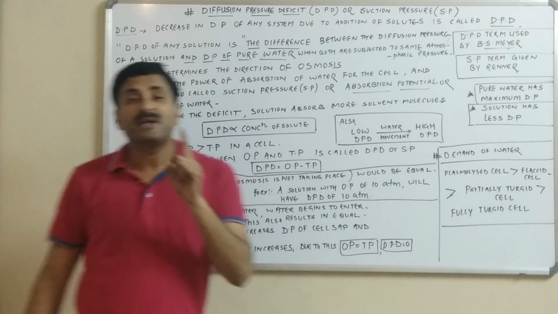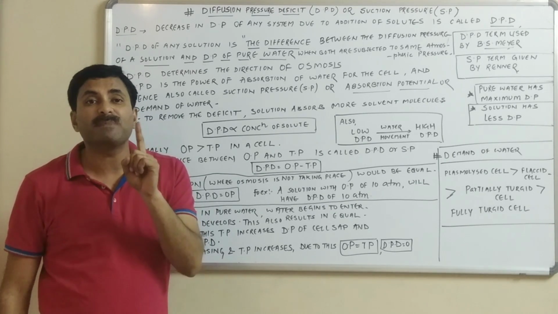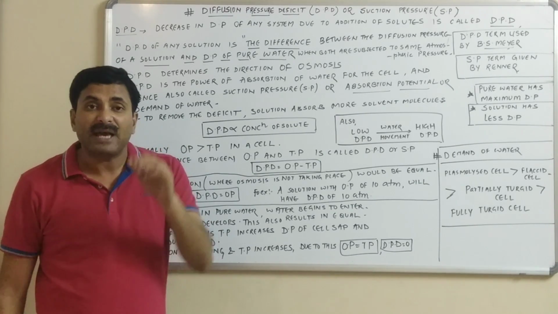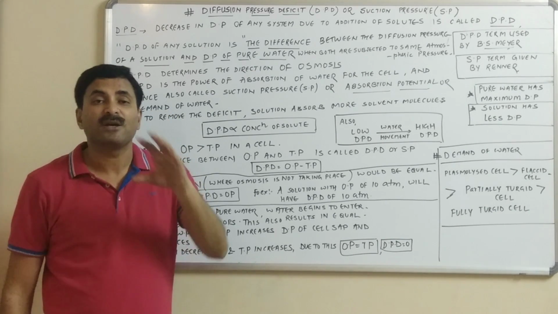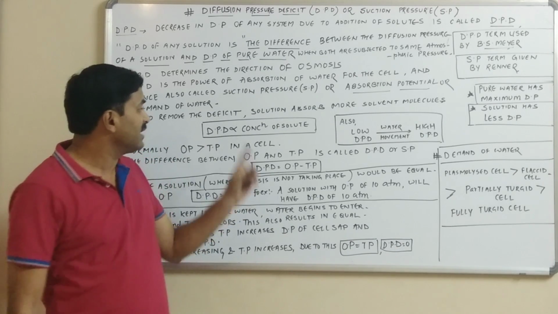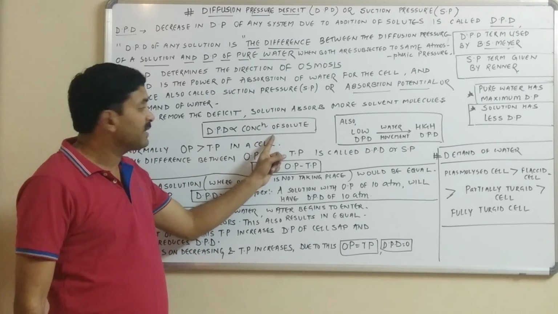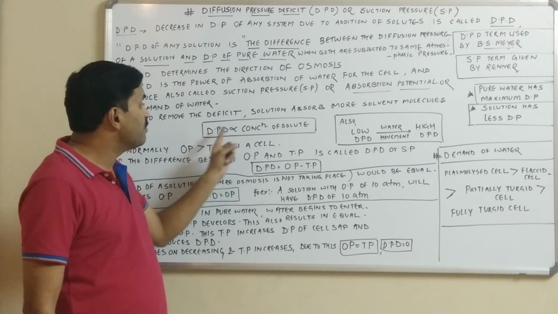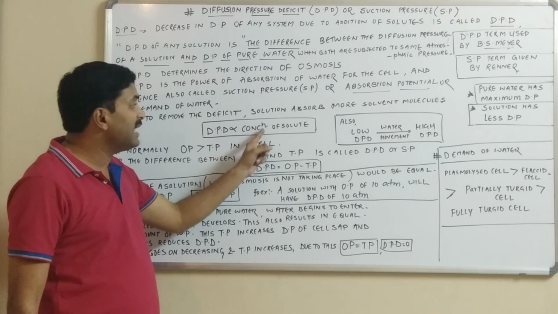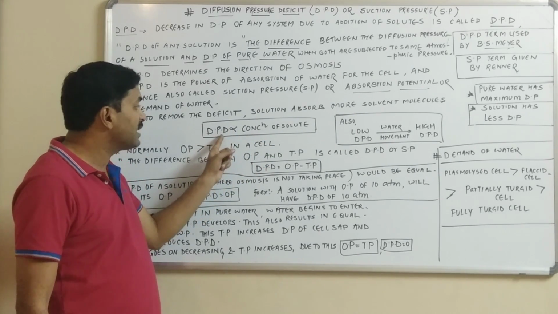Remember this: the more solute in the solution, the more the diffusion pressure deficit, and the less solute in the solution, the less the diffusion pressure deficit. In a nutshell, DPD is directly proportional to the concentration of the solution. The more the concentration of solute, the more the DPD, and the less the concentration of solute, the less the DPD.